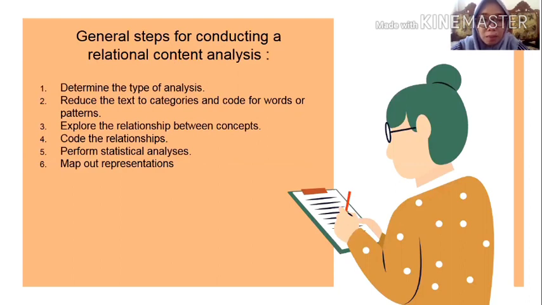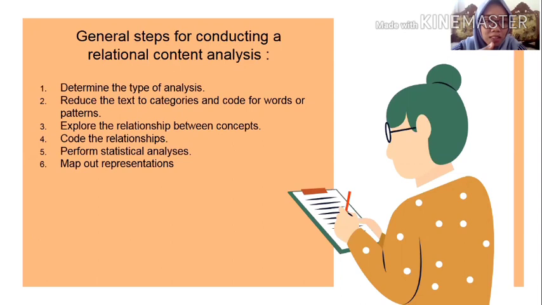Determine the type of analysis means that once the sample has been selected, the researcher needs to determine what type of relationship to examine and the level of analysis. For example, analyzing words, word senses, phrases, sentences, and themes.